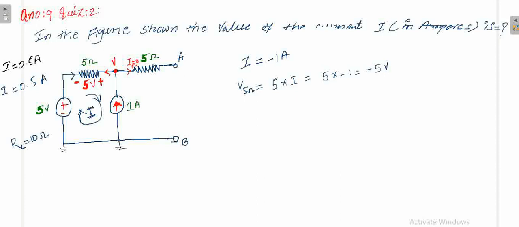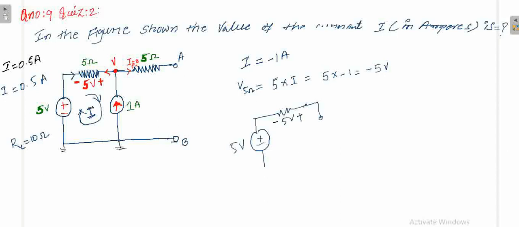So here we got I equal to minus 1 ampere, and V across 5 ohms is 5 into 1, that is minus 5 volts. Let us take this circuit. Here you have plus 5 volts, here you have the other source of 5 volts.